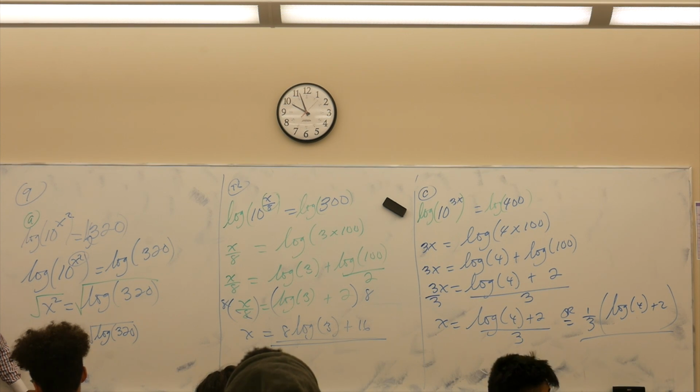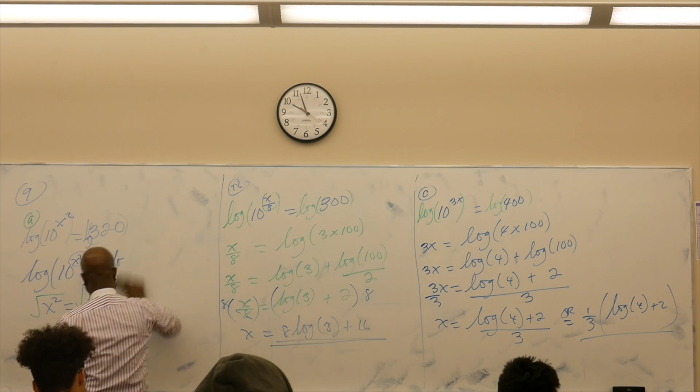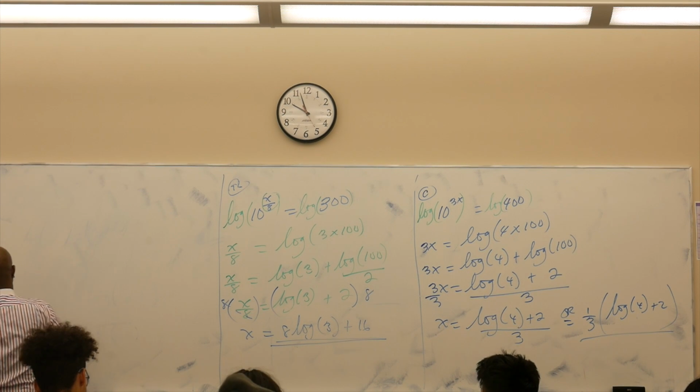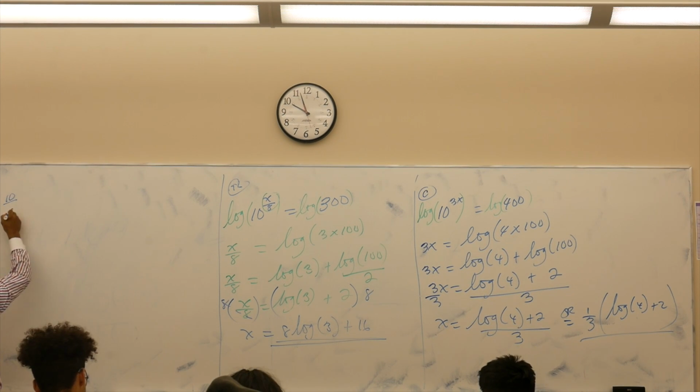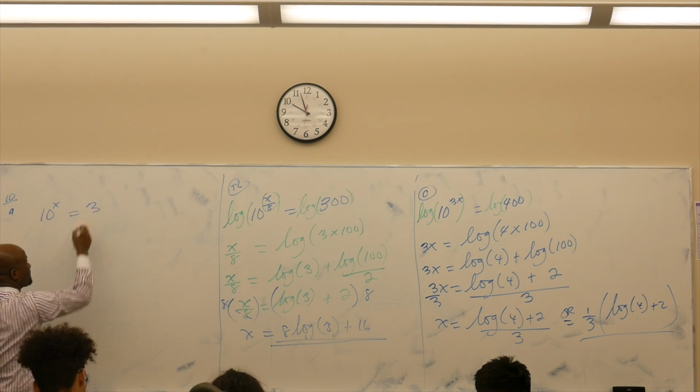It says we should solve. So we're doing the same thing you did in 11, right? So 10 to the power of x is equal to 3. So number 10a says we should solve this thing.